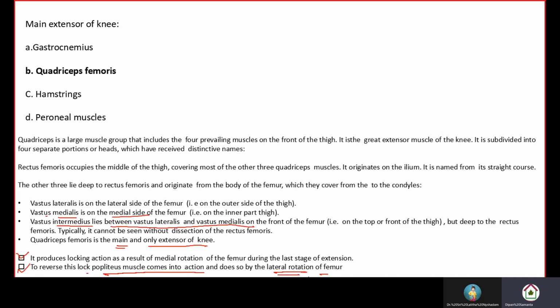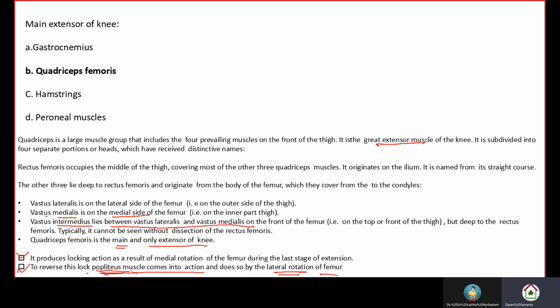So during the last stage of extension of the lower limb, this medial rotation produces locking action by quadriceps femoris. And to unlock this, popliteus muscle intervenes. Quadriceps is a large group of muscles that includes 4 prevailing muscles on the front of the thigh.